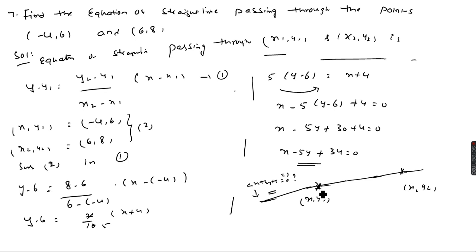We need to find the equation of the straight line passing through x1, y1 and x2, y2. The basic formula is y minus y1 is equal to (y2 minus y1) by (x2 minus x1) into (x minus x1), and it is directly given that x1, y1 and x2, y2. Substituting these points in the equation and simplifying, we get the corresponding answer.